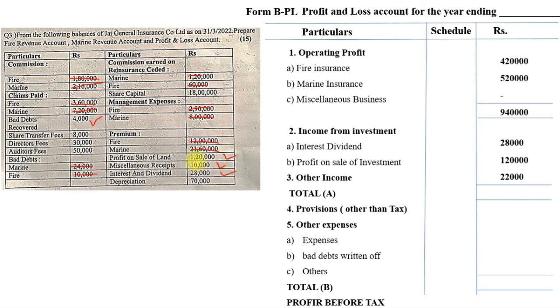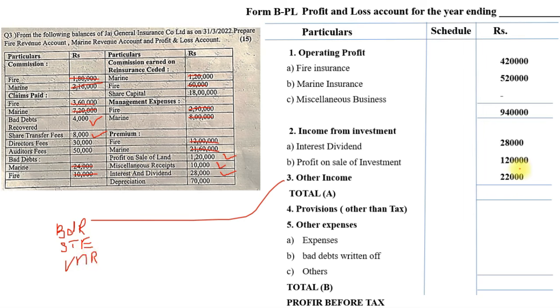Yes, there is share transfer fees of 8,000. So 8 and 4 is 12, 12 plus 10 is 22. That is my other income. So remember, under other income we have bad debts recovery, share transfer fees, and the miscellaneous receipt. Those are the three things you have to remember.